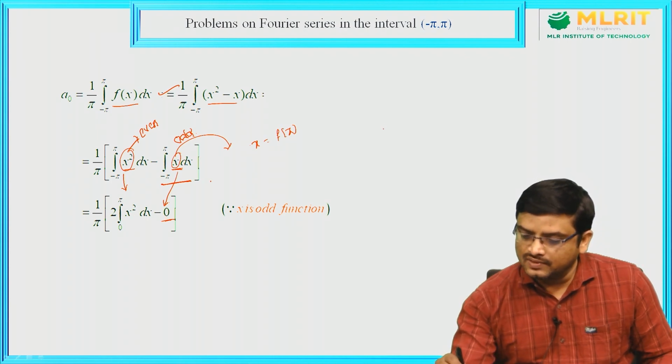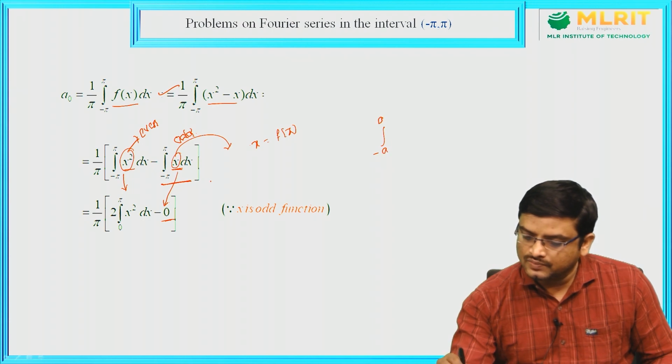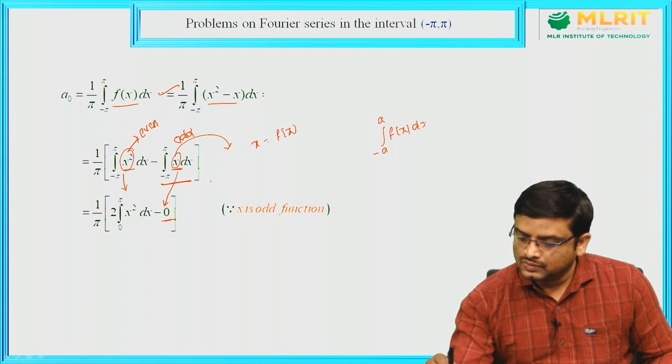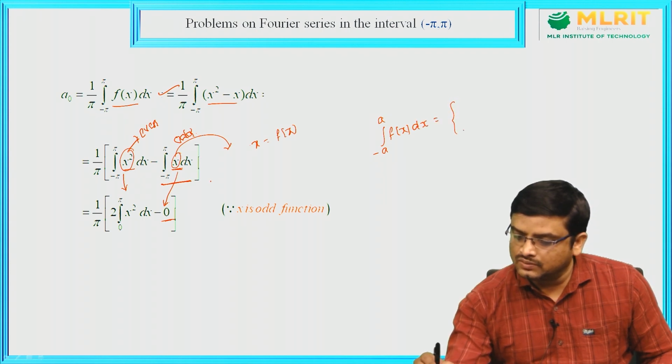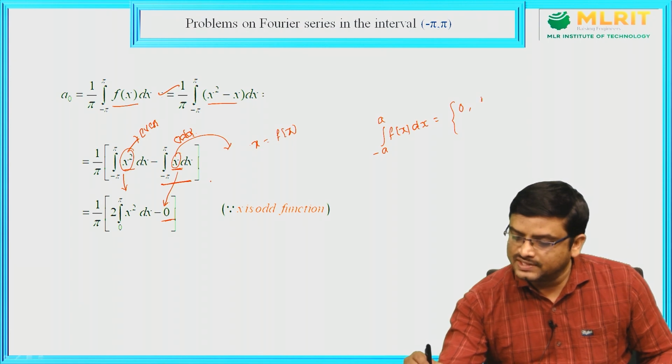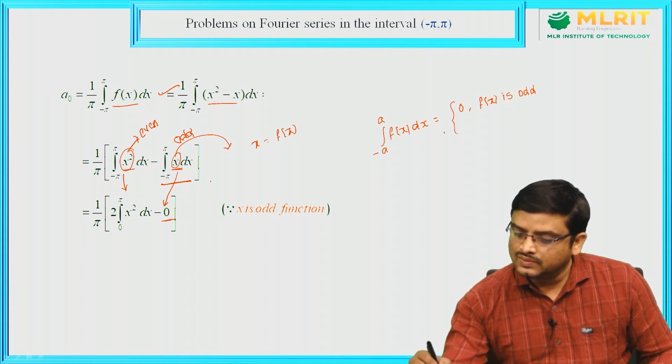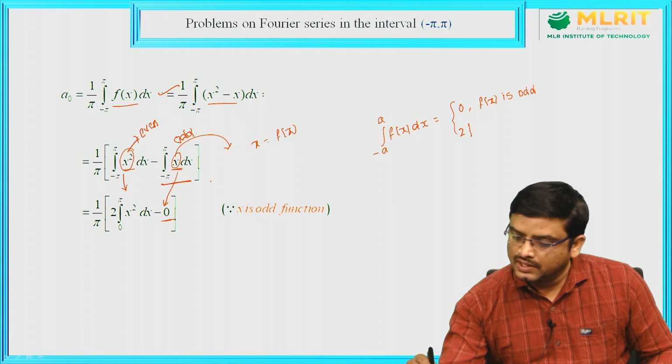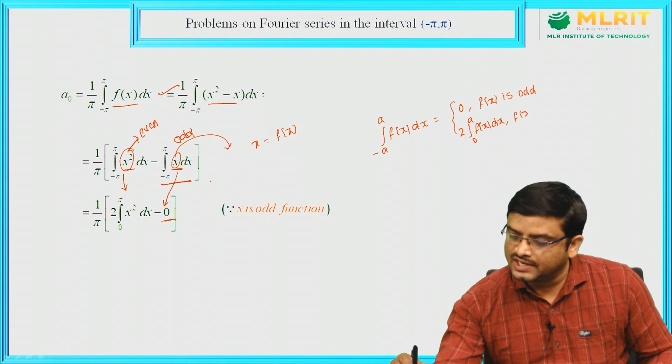We have the standard formulas, which we have seen in lower classes: integral from minus a to a of f of x dx is equal to 0 when f of x is an odd function, and this value can be written as 2 into integral 0 to a f of x dx, which is possible when f of x is an even function.